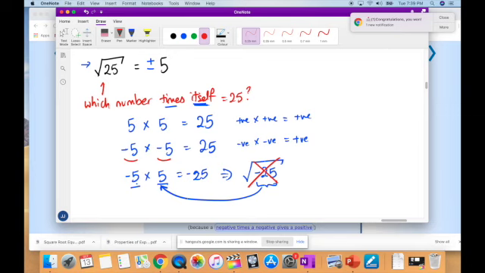So if that number is negative, it'll be multiplied by a negative to give you a positive. If a number is positive, it's multiplied by itself to give you a positive. So everybody understand why you could never have a square root of a negative number?